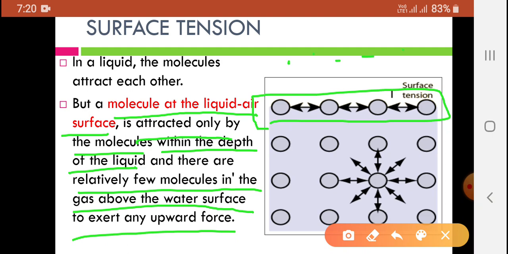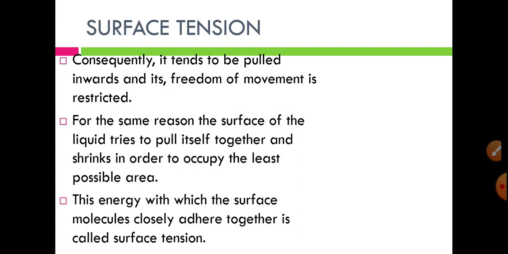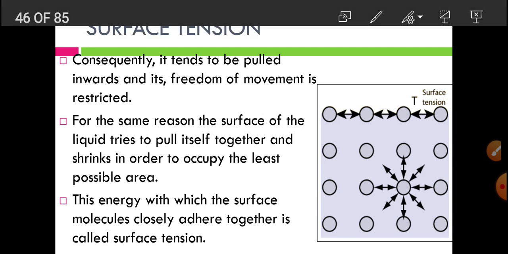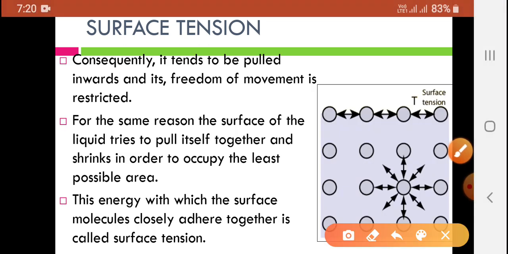So there are few molecules on the upper side, so there is less attractive force, but more molecules are present in the depth, so the attraction is towards the downward direction. Consequently, the molecule tends to be pulled inward and its freedom of movement gets restricted. So more force is from the downward direction, so that molecules get attracted or pulled towards the depth of the liquid.